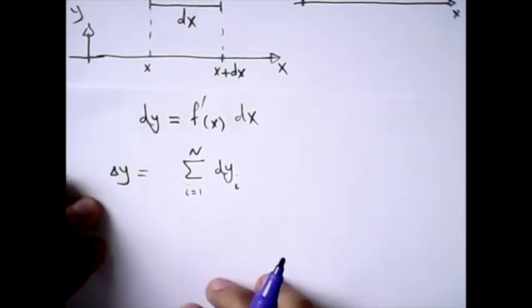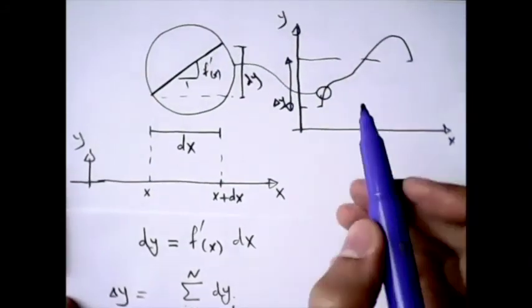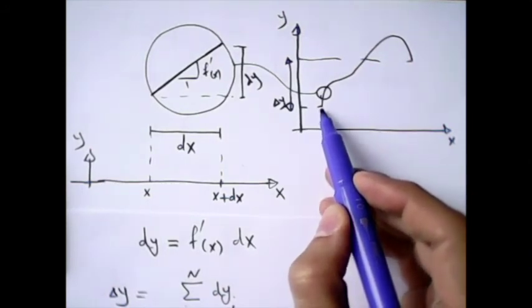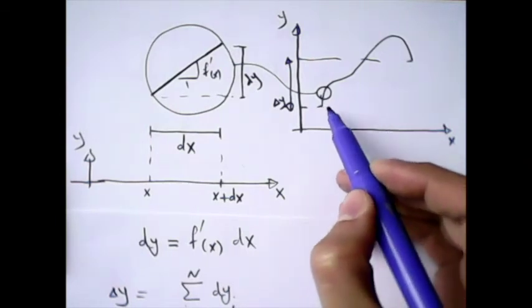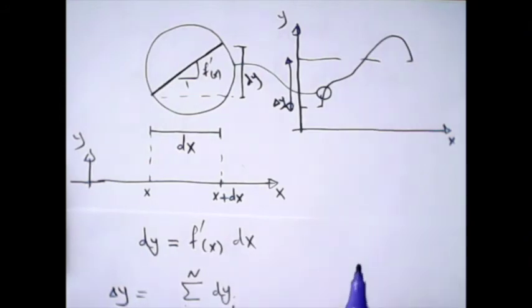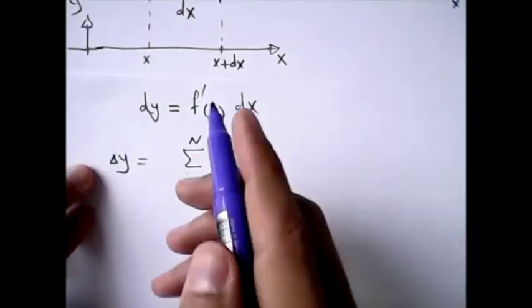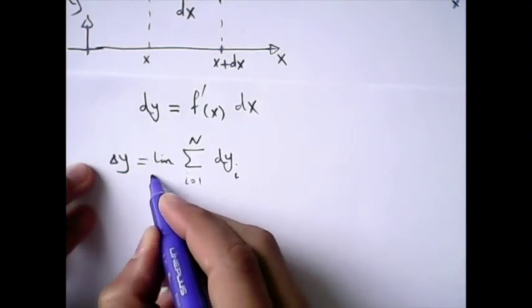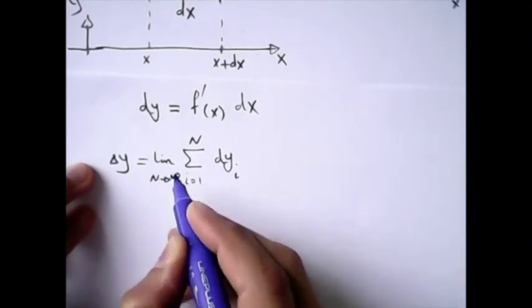How many tiny steps do we have here? Our steps were infinitesimally small, very, very small. So we will have an infinite number of steps in this domain here. So let's take a limit of this as n goes to infinity.